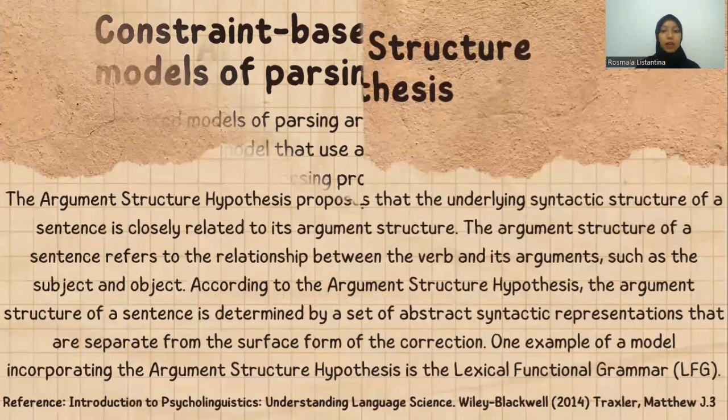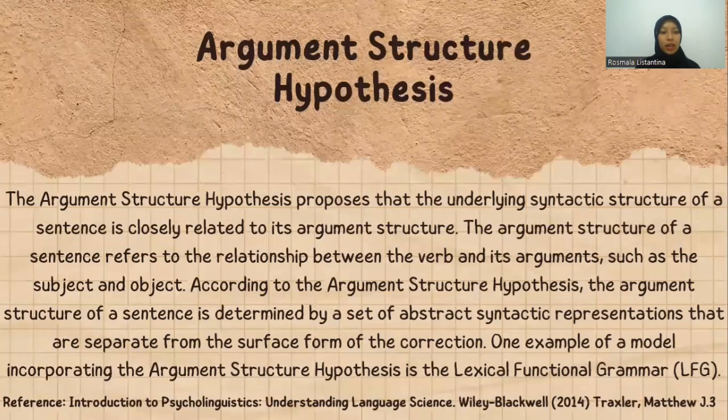The next is about argument structure hypothesis. The argument structure hypothesis proposes that the underlying syntactic structure of a sentence is closely related to its argument structure. The argument structure of a sentence refers to the relationship between the verb and its arguments, such as the subject and object.